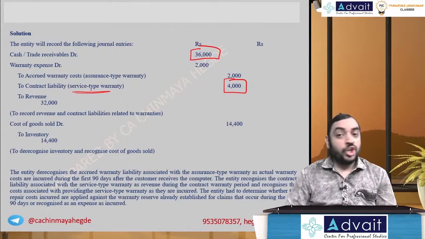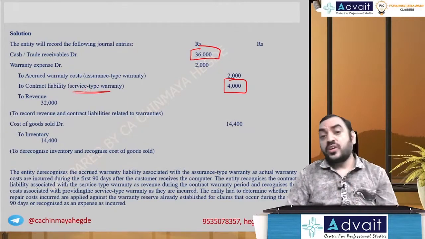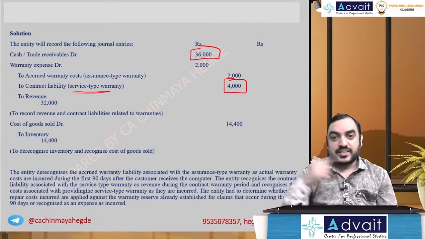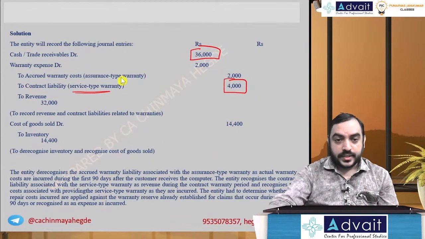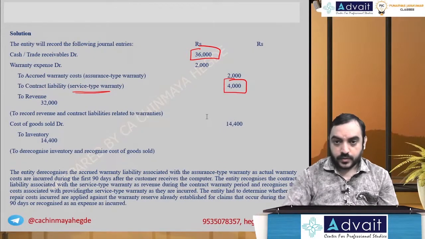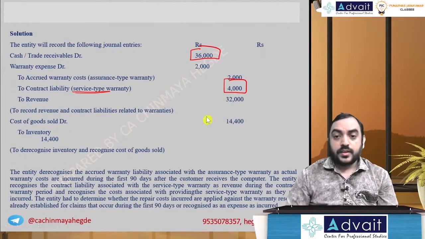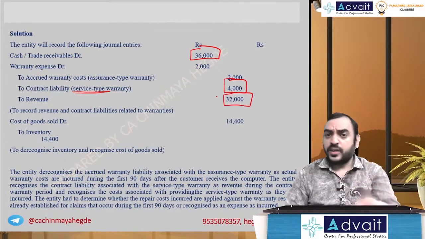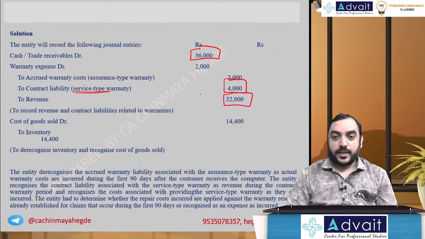Revenue is recognized not immediately but over a period of 3 years. Then we have this 32,000 revenue from sale of computers, recognized immediately.